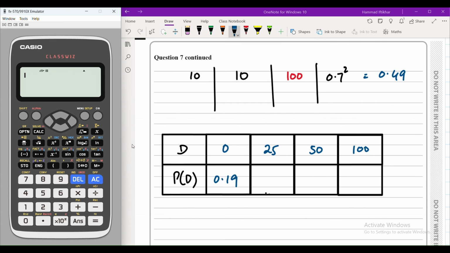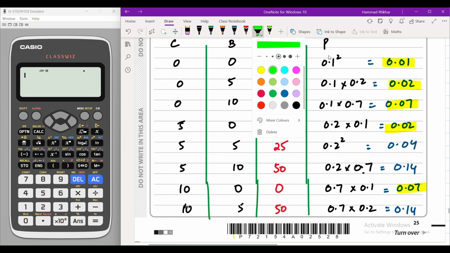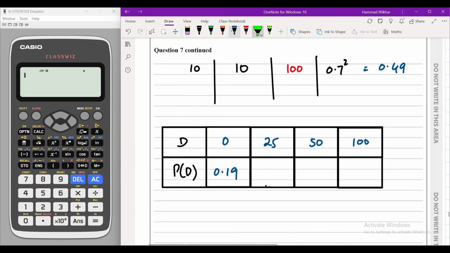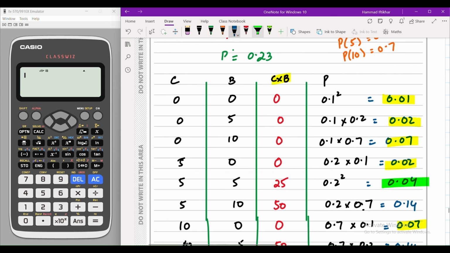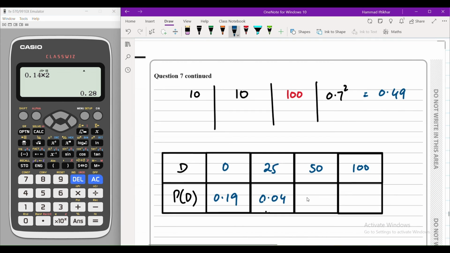Now let's find out the 25. 25 only happens once, so it's 0.04. Now 50 is happening a couple of times, so 0.14 plus 0.14 is 0.28. And now 100 is only coming this.